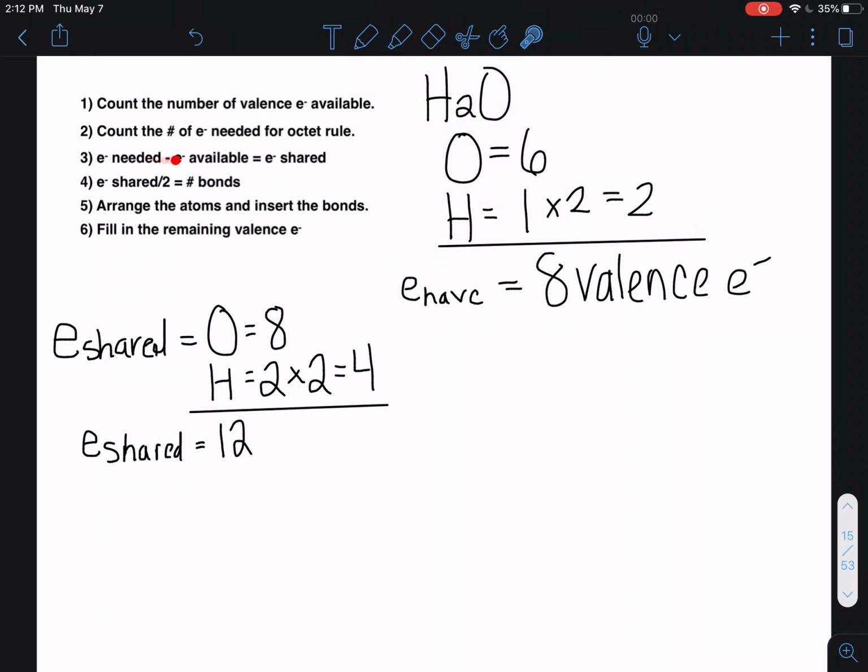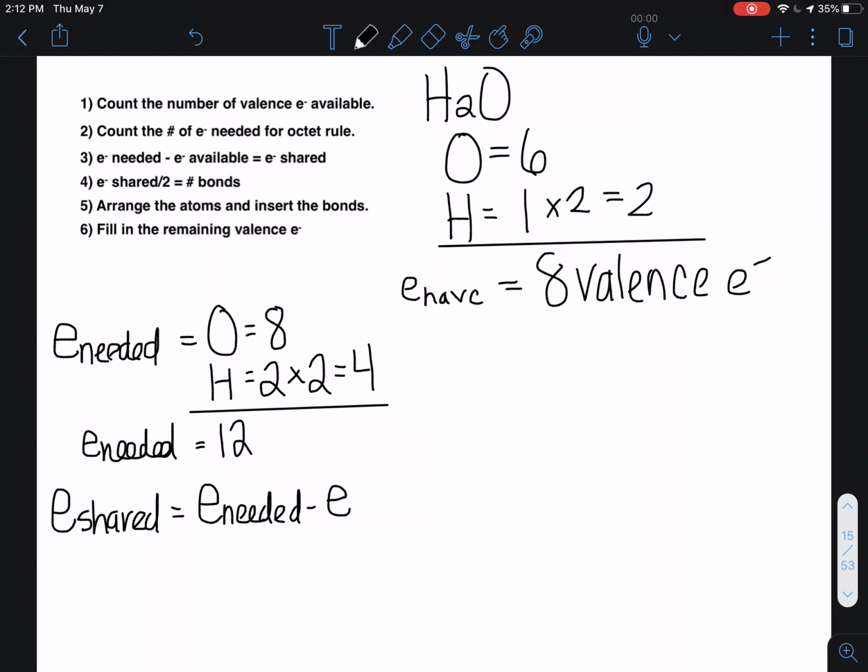Okay, so now we need to find out how many E shared there are. So remember, E shared, sorry, that was not E shared. What's wrong with me? That is E needed. Okay, so remember, E shared is equal to E needed minus E have.